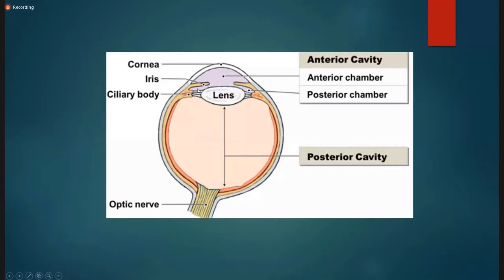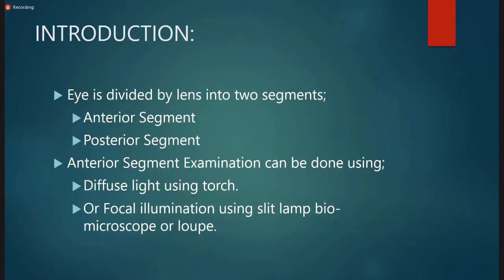The anterior chamber and posterior chamber together comprise the anterior cavity. Behind the lens lies the posterior cavity, which is filled with vitreous humor. So the eye is divided by the lens into two segments: anterior segment and posterior segment.